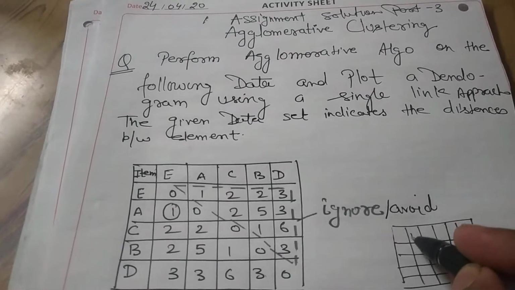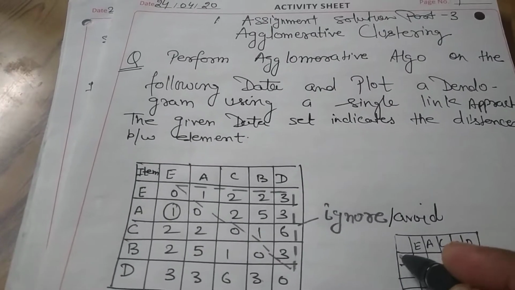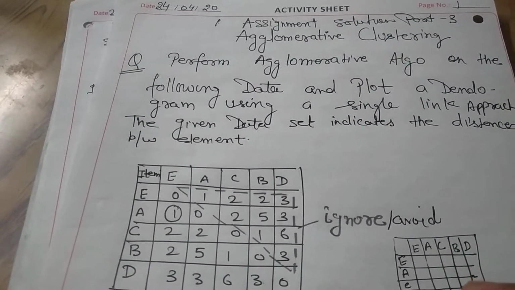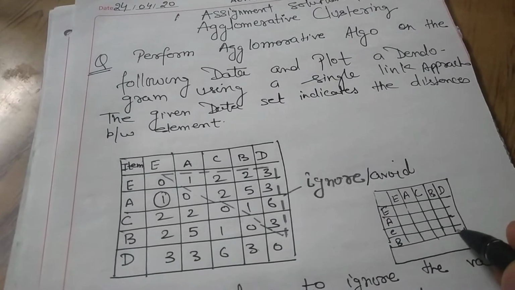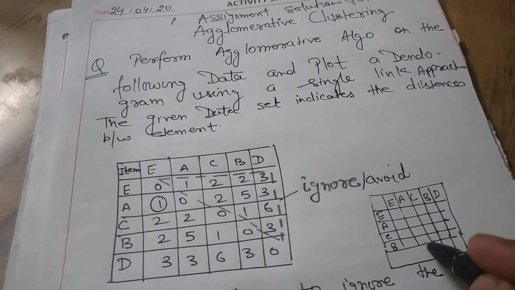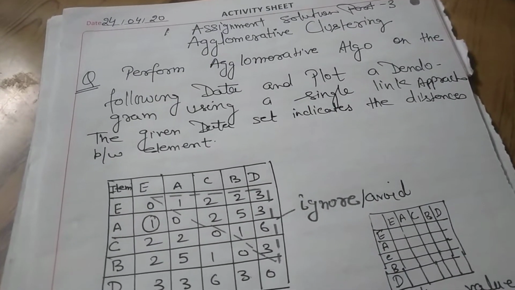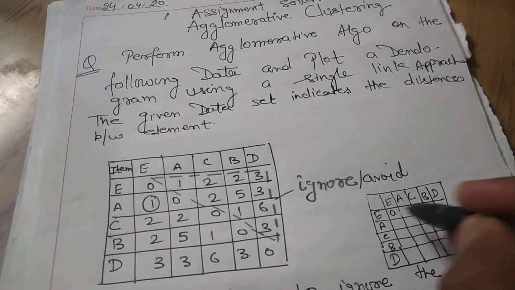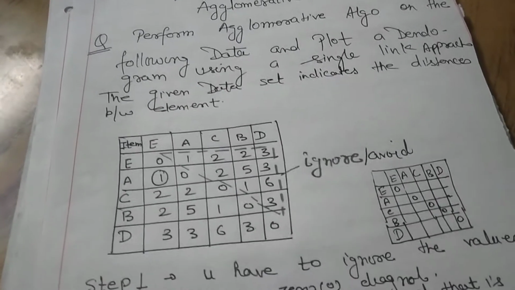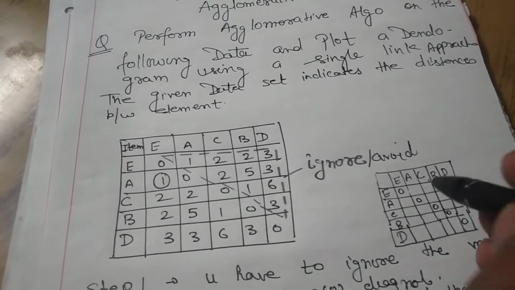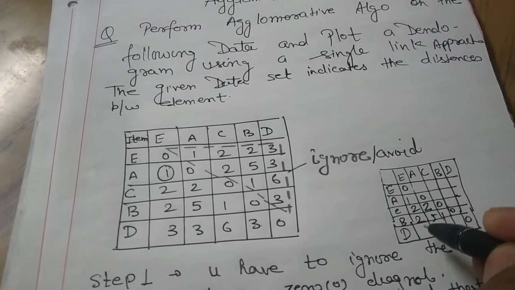E, A, C, B, D. Put the values here, 0, 0, 0, 0, 0, and below the diagonal you have to insert the values: 1, 2, 2, 2, 5, 1, 2, 5, 1, and 3, 3, 6, 3.